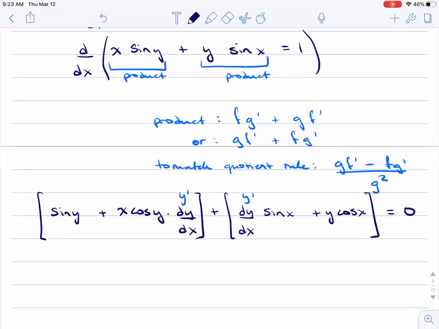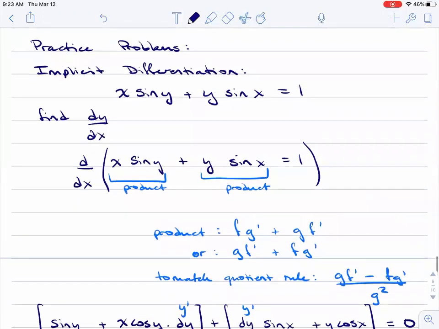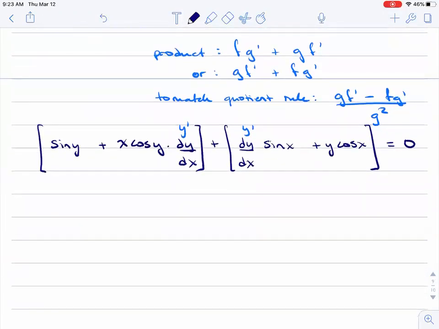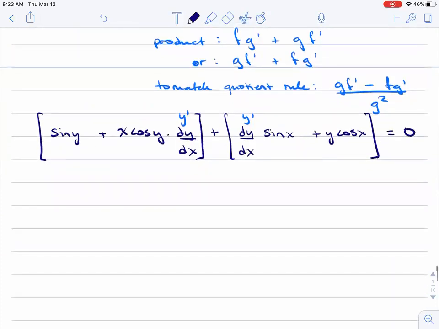I can just kind of rearrange things here, because what I'm doing is I want to solve for dy dx, right? We want to find dy dx. So now I can rearrange things, and I'll have to move my equal sign over.